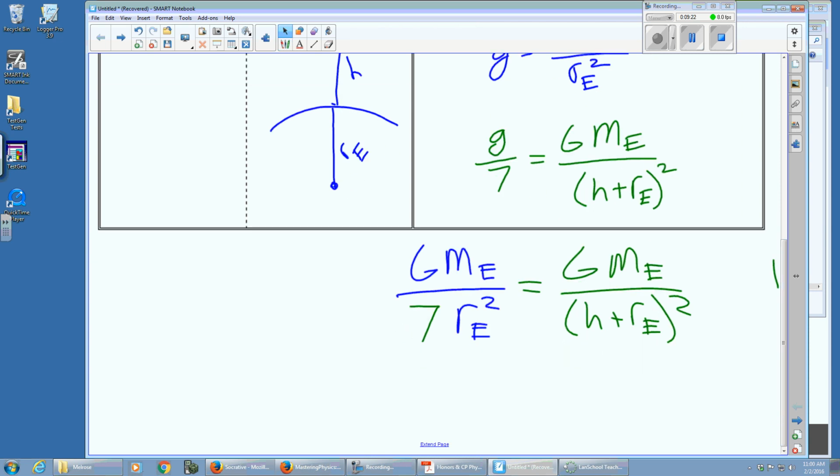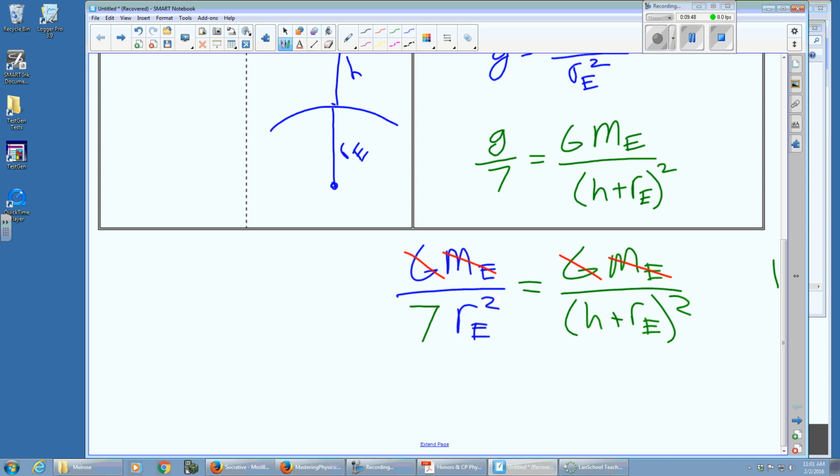And there I've substituted in. Does anything cancel out? Anything the same on both sides of the equation? The big G's, they're gone. The masses of the Earth, they're gone.